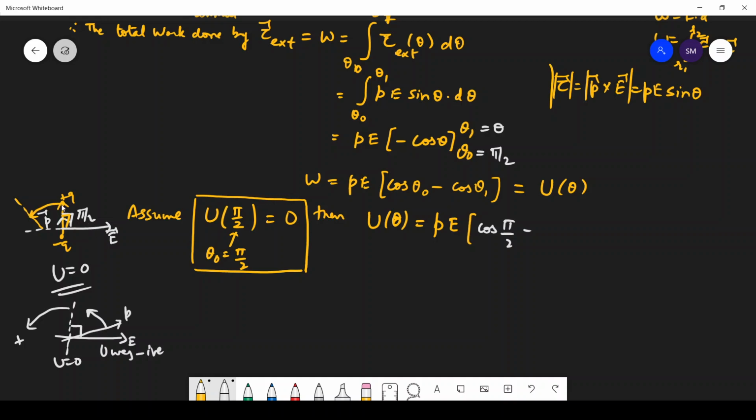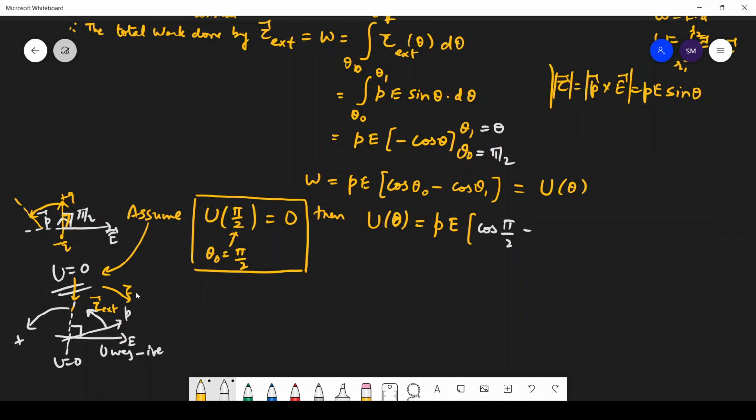Of course, I am rotating this against the electric field, so I am increasing the potential energy. Right from here, if I rotate it, I am increasing the potential energy, and here the potential energy reaches 0. That is what I have assumed. It was negative and I was increasing it because I was working against the electric torque.